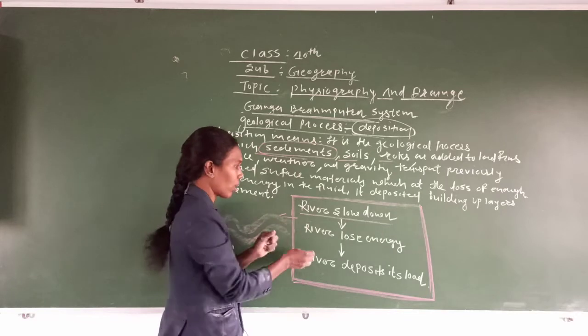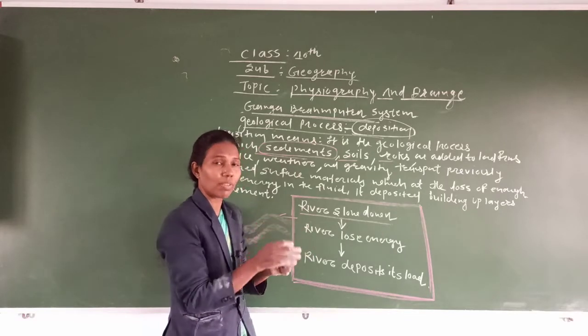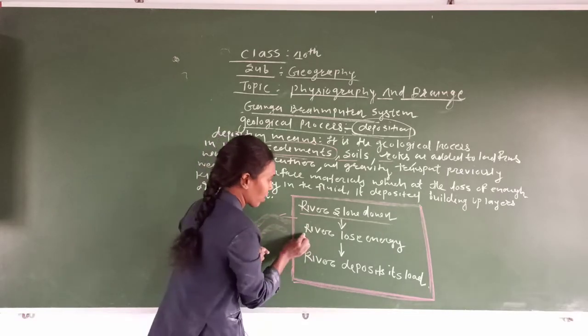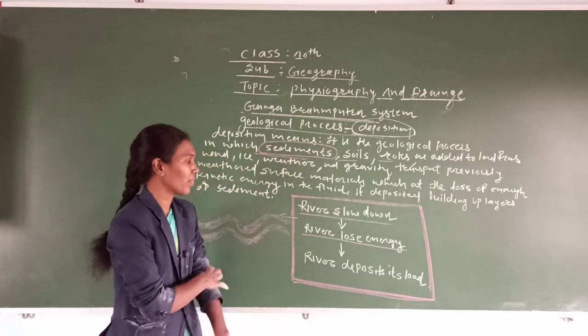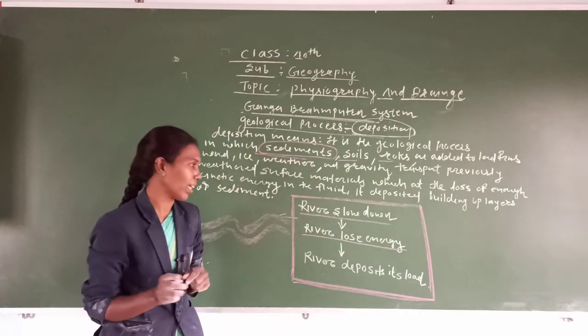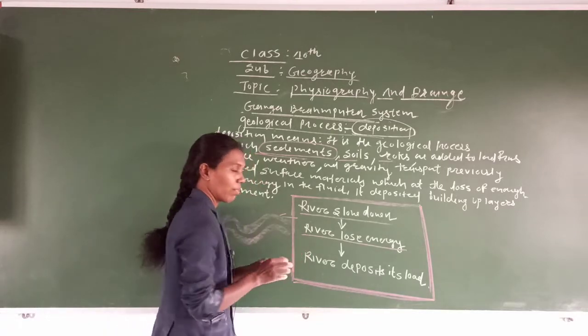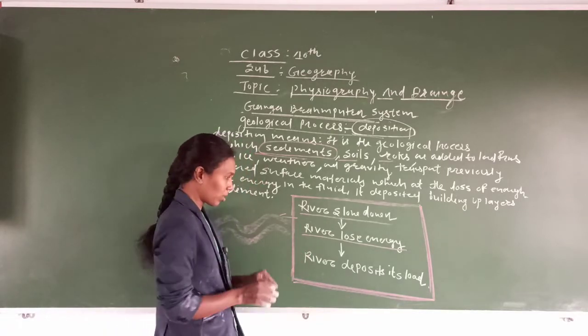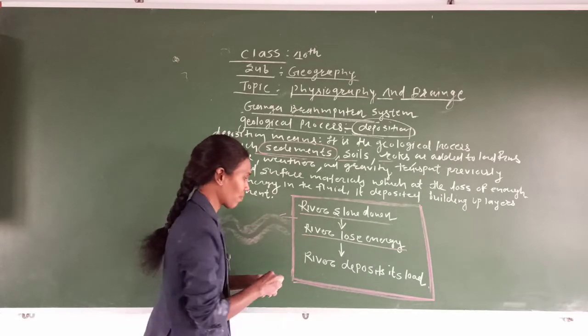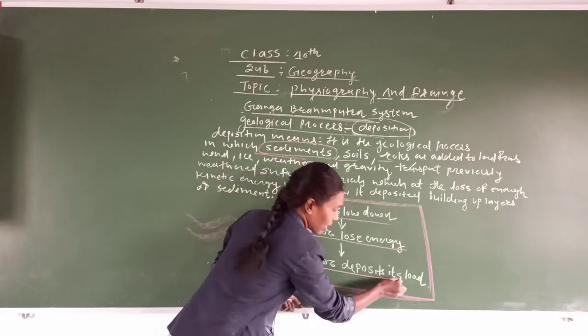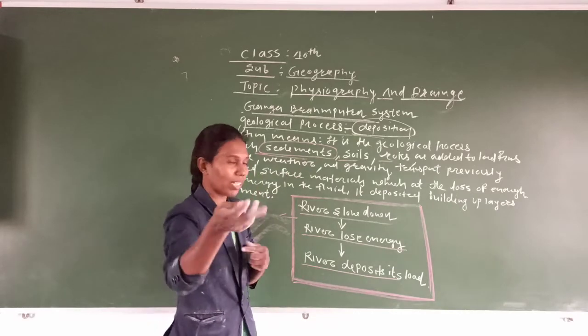After the river slows down, it totally loses its energy. After the river loses its energy, whatever material is in the river is deposited in one place. It is known as deposition, meaning it stops in one place. Let us understand again with another diagram.